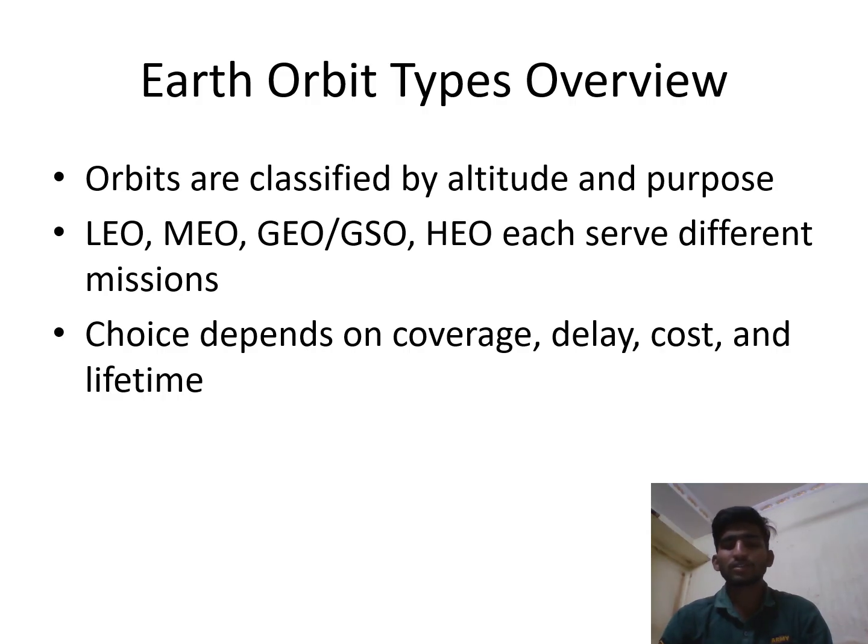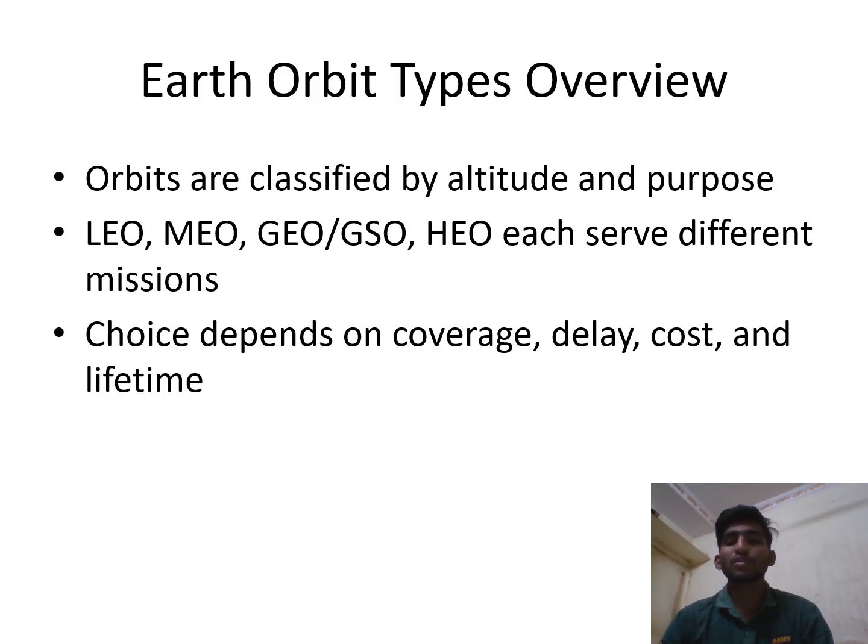Based on these Kepler's laws, distance and time, orbits can be broadly classified into five types: LEO, GEO, MEO, GSO, HEO, with different periods in different orbits.